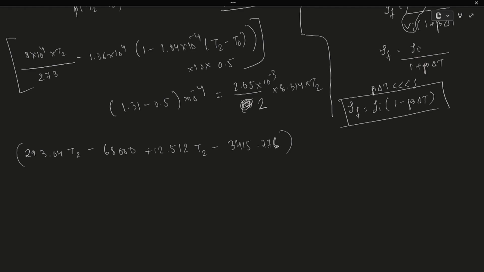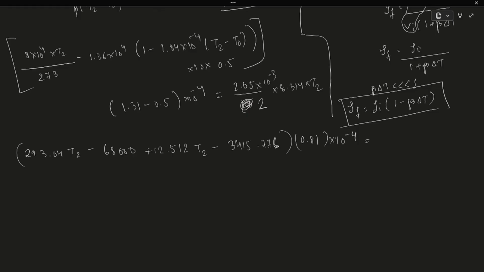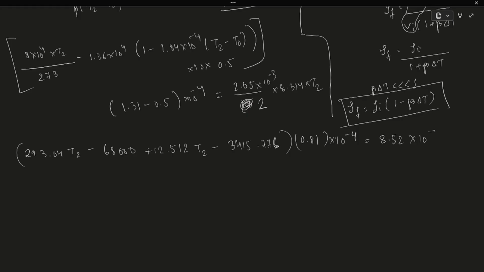Then there is 1.31 minus 0.5, which I can calculate, 0.81 into 10 to the power minus 4, and 2.05 into 10 to the power minus 3 into 8.314 divided by 2, which is 8.52 into 10 to the power minus 3.